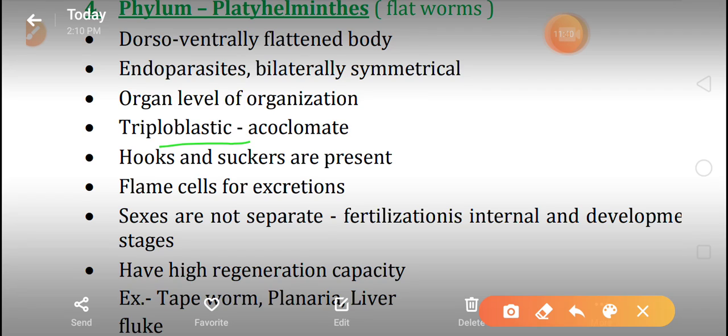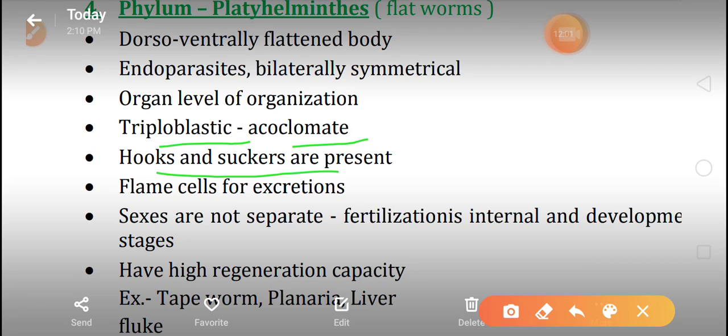The body of these organisms does not have any cavity, that's why they are acoelomate. If a cavity is found, the organism is called coelomate.